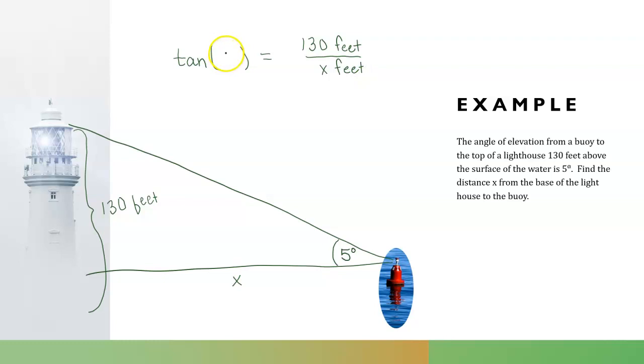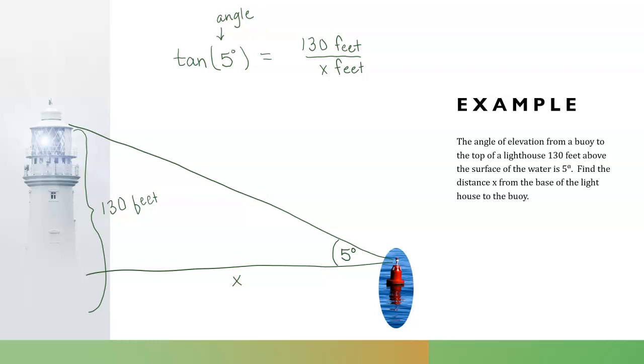We always put an angle inside of sine, cosine, and tangent. It's not just tangent, it's tangent of an angle. That angle in this case is 5 degrees.